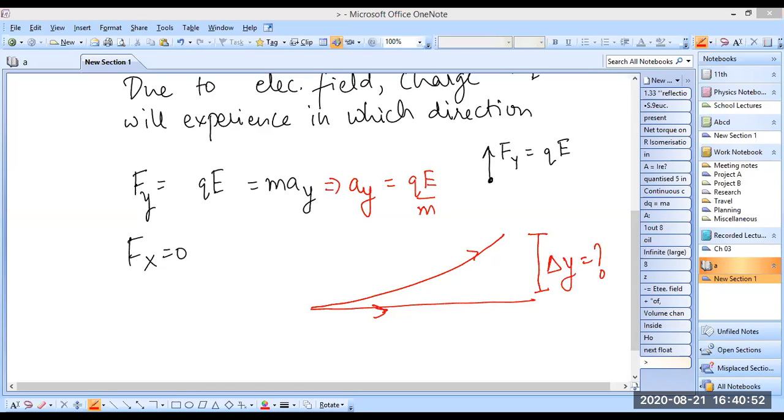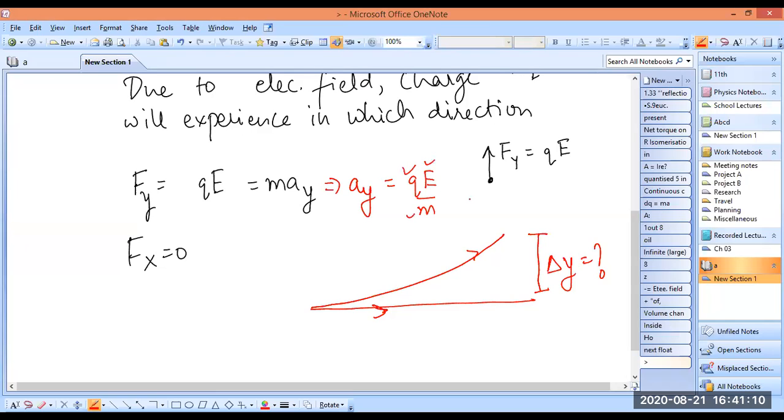Most of you have got it correct that the force is upwards. So this will go up by distance delta y, and our aim is to find delta y. Acceleration is constant because charge, electric field, and mass are all constant, so we can use equations of kinematics.